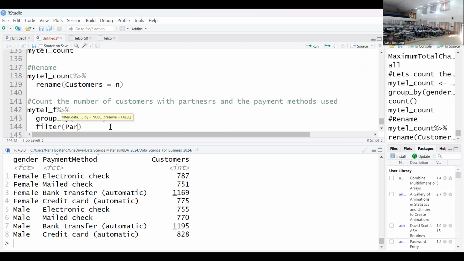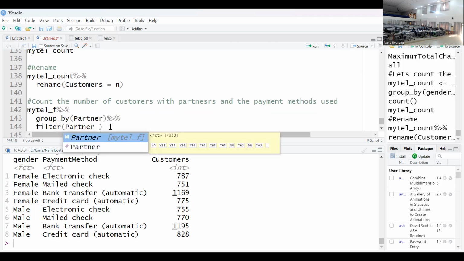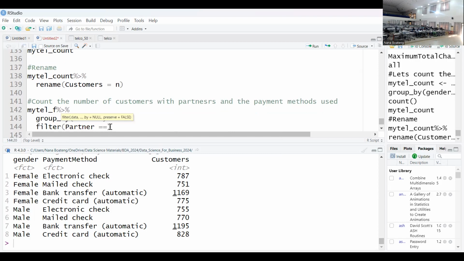So partner, because we are filtering, we use double equal sign, okay? So these are those without partners, so it is no. Remember, the partners was no and yes. Do you remember? Okay. So here we are picking no. And then let's pipe that into the number of payment methods that each uses.